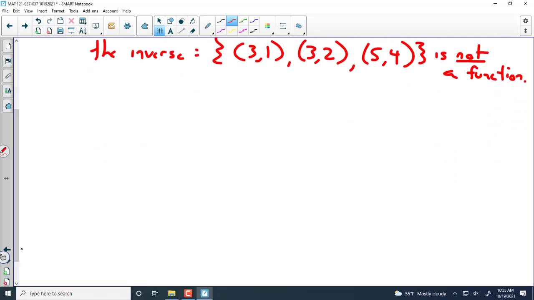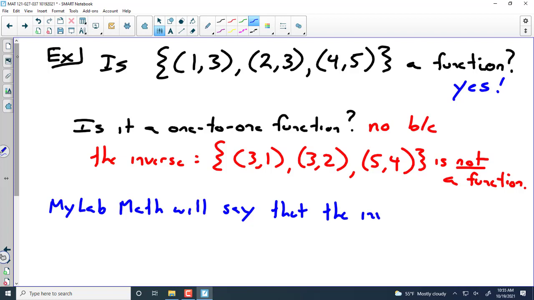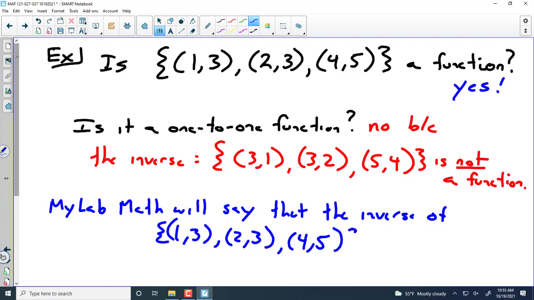So here is my big issue that I was trying to explain on the previous page. My lab math will say that the inverse of that does not exist.